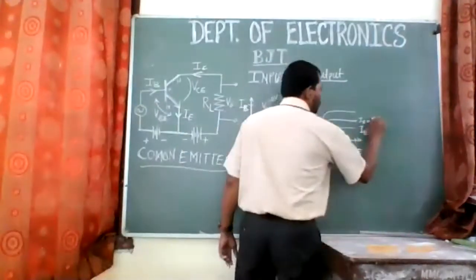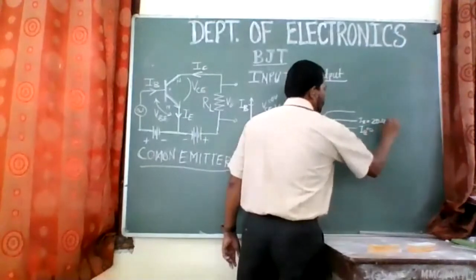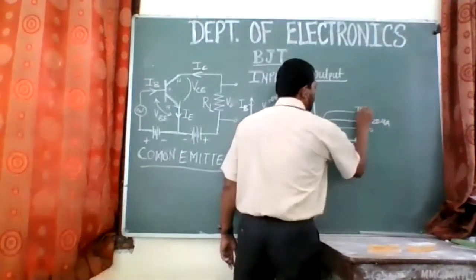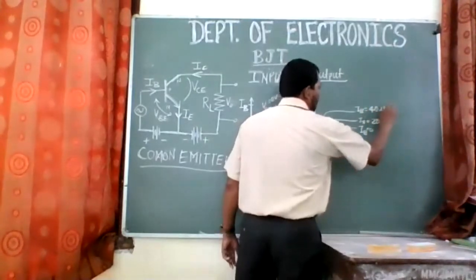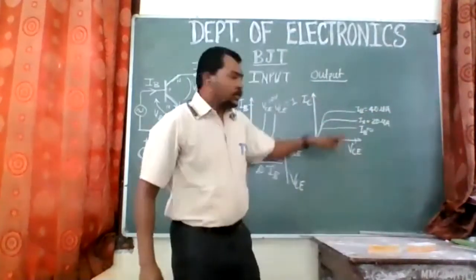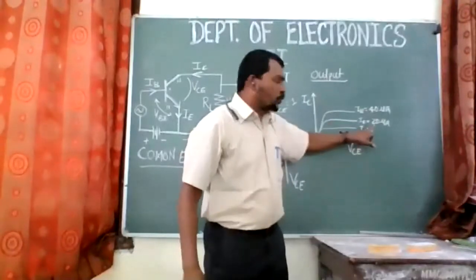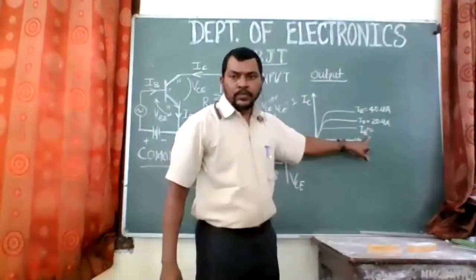So IB equal to 20 microamperes. If it is not visible, please listen very carefully. This is IB at 40 microamperes, this is 20 microamperes, and this is 0, right?